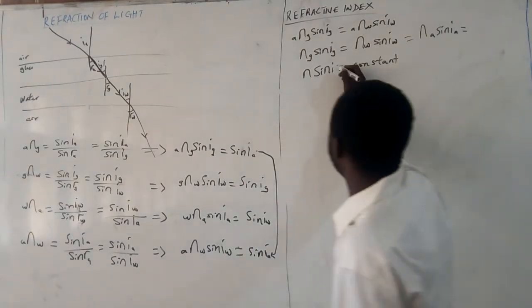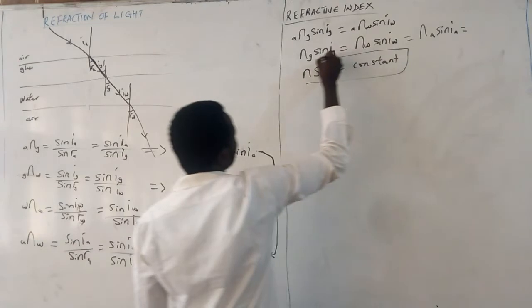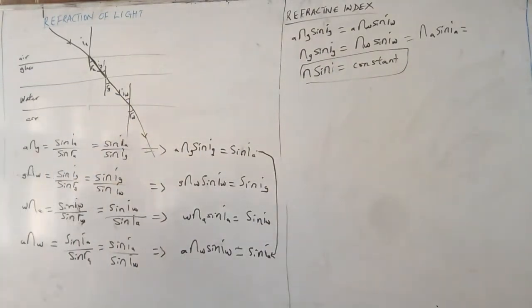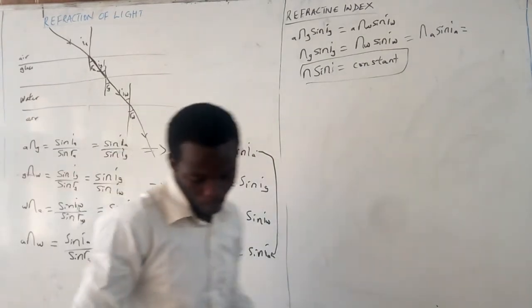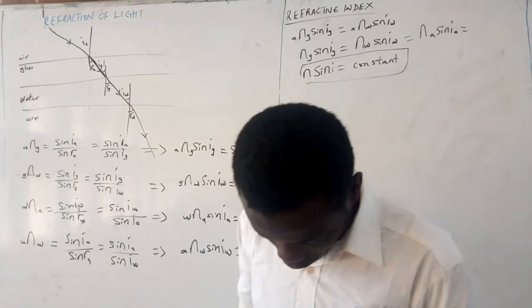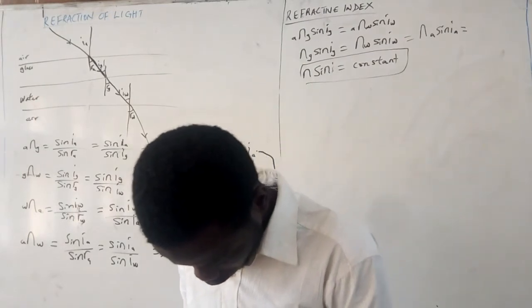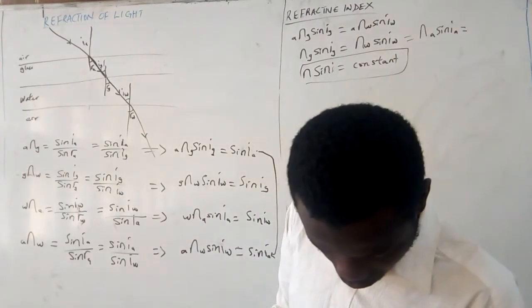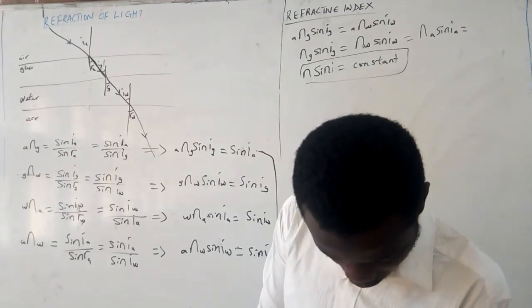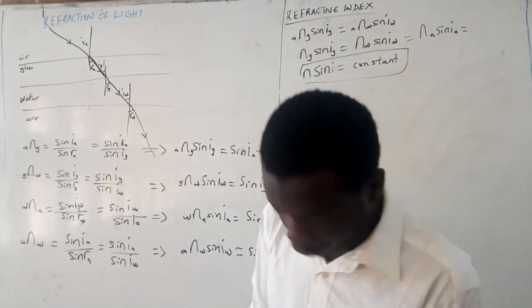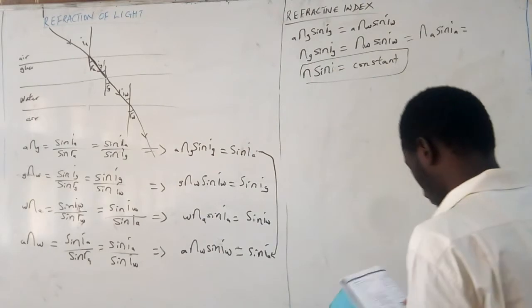So we'll be using this formula to relate when you have light traveling from two or more media. So let's take an example and see.